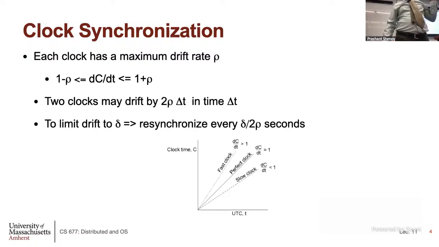Okay. The rho property is going to be determined by the type of clock it is. Right. So if you have a quartz clock, it may lose a second every few months. If it's not an atomic clock but a mechanical clock, it might lose a few minutes every week. Okay, so the drift parameter rho comes from the type of clock it is.